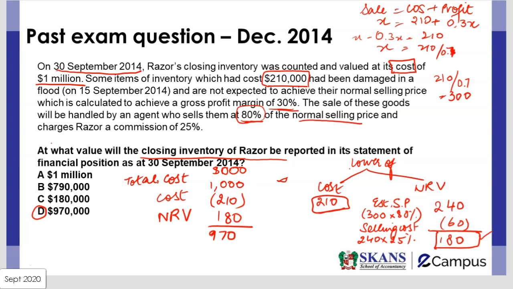If you can directly calculate the difference between the two, then the difference between 210 and 180 comes out to be 30,000. Inventory is overstated by 30,000. So you can simply say 1000 minus 30 and the value of my inventory is going to be 970,000. So once again, whichever method you are comfortable with, you go and do the working accordingly.